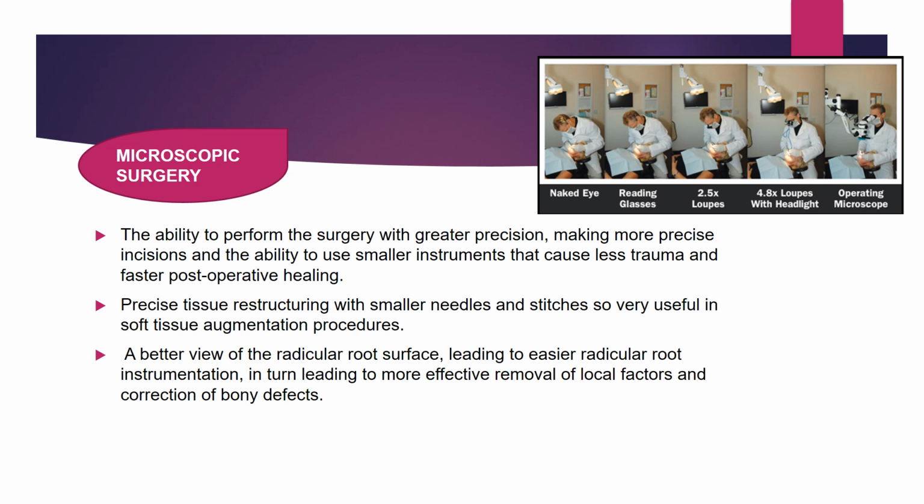So it is mainly used for soft tissue augmentation procedures. And more advantages: a better view of the radicular root surface, which leads to easier root instrumentation to remove the local factors, and correction of bony defects.